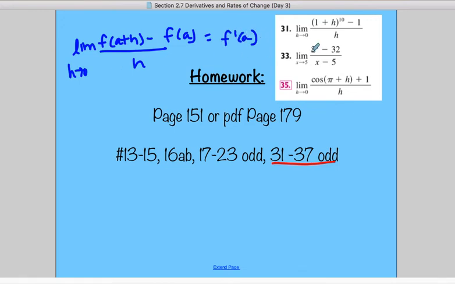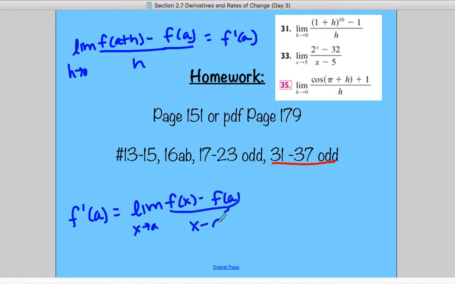What they want us to come up with is the function and the value of a. Our other derivative equation was the limit as x approaches a of f of x minus f of a, all over x minus a.